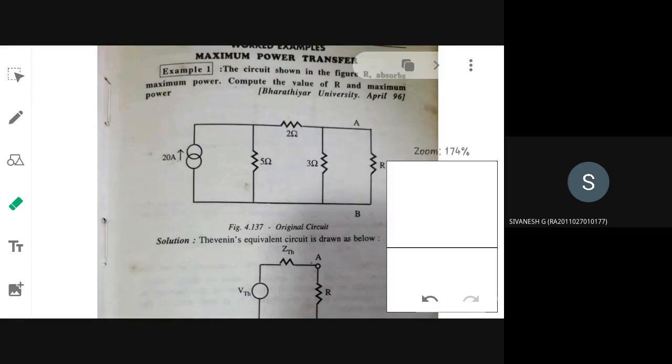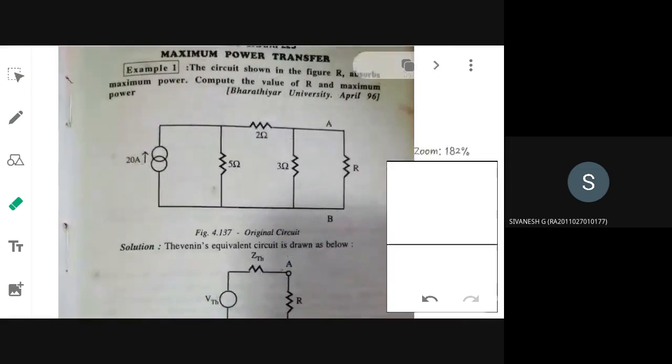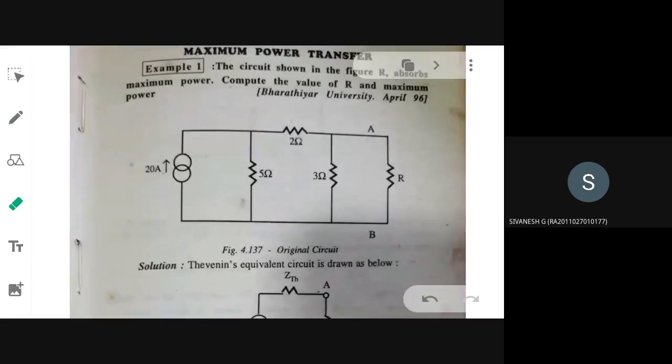So what is being asked in this problem, tell me? The circuit shown in the figure absorbs maximum power, compute the value of R and maximum power they have asked. So they have asked what is the value of this load resistance and what is the maximum power that has been transferred to this from the source side.